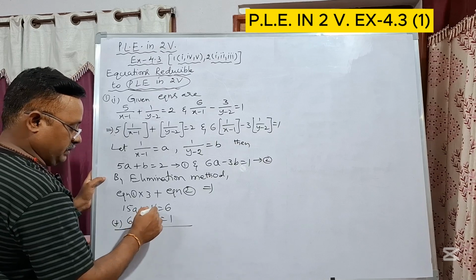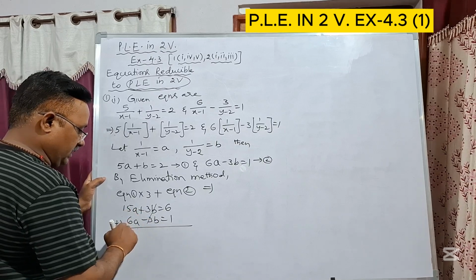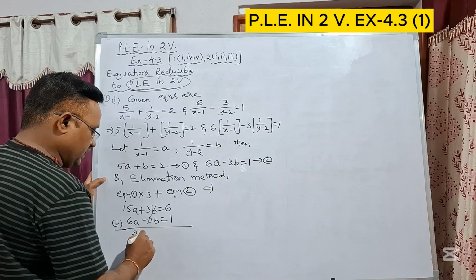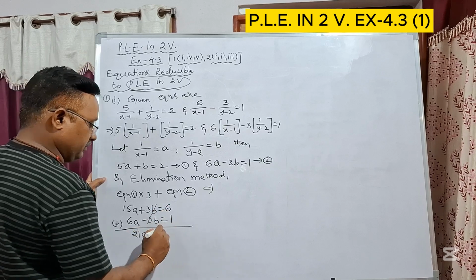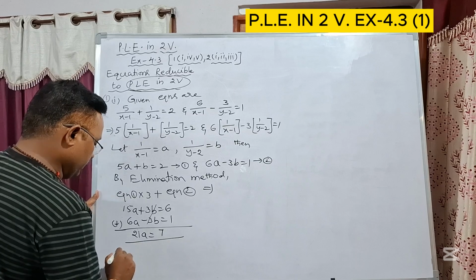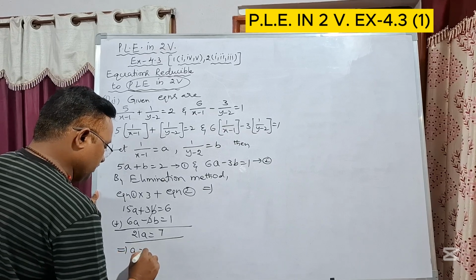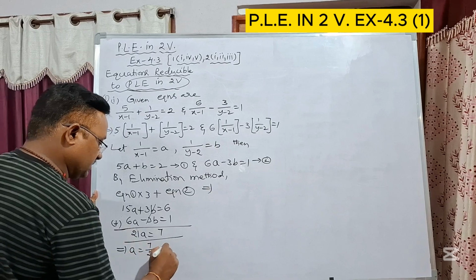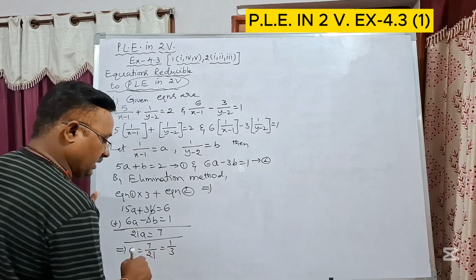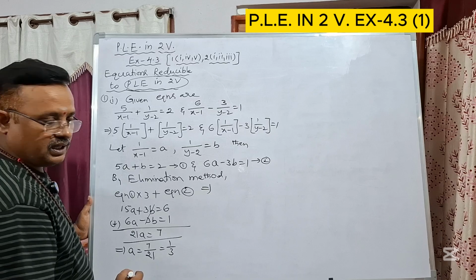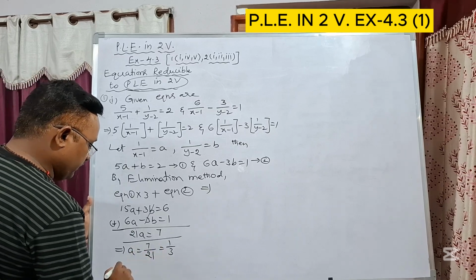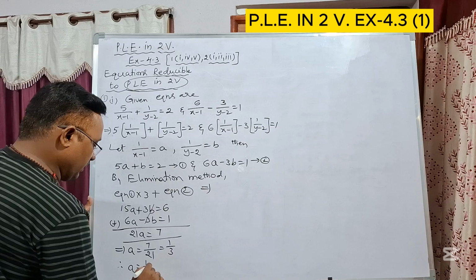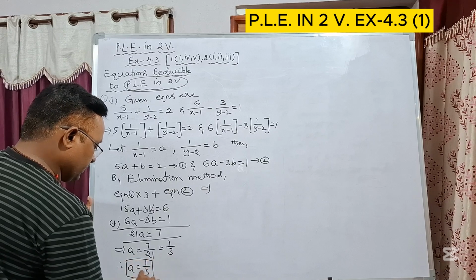Then plus 3b minus 3b get cancelled. 15a plus 6a will become 21a equal to 6 plus 1, which is 7. That implies a is equal to 7 upon 21, with 21 coming to this side. This is equal to 1 by 3 after cancellation. So a value we got: therefore a is equal to 1 by 3.